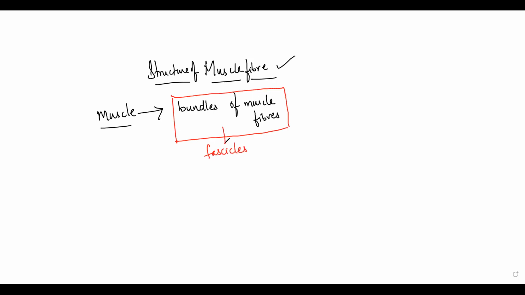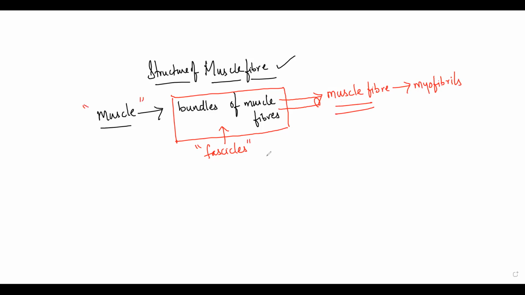So inside the fascicles, we had these bundles of muscle fibers. If you pull out one muscle fiber, what did we see here? This muscle fiber had other structures in the cytoplasm, which were called myofibrils. So today we are going to learn about these muscle fibers which are present in the fascicles of a skeletal muscle.